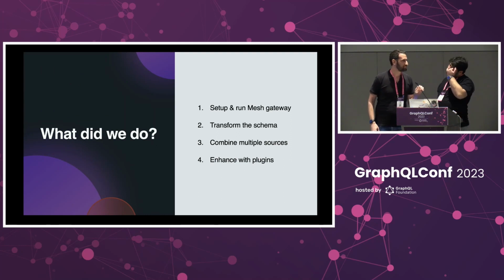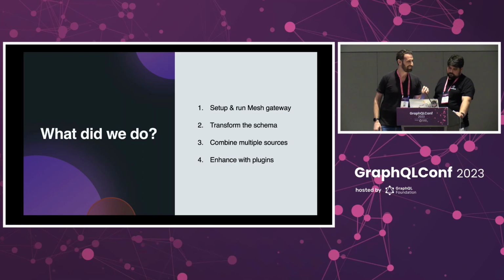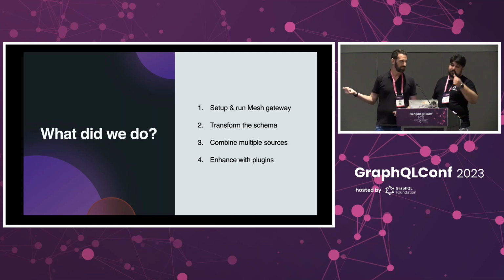So obviously this part went faster than expected because it was demonstrated and not a real exercise. But just to wrap up, what we did in the past half an hour, 40 minutes: we created a mesh gateway out of one OpenAPI source.